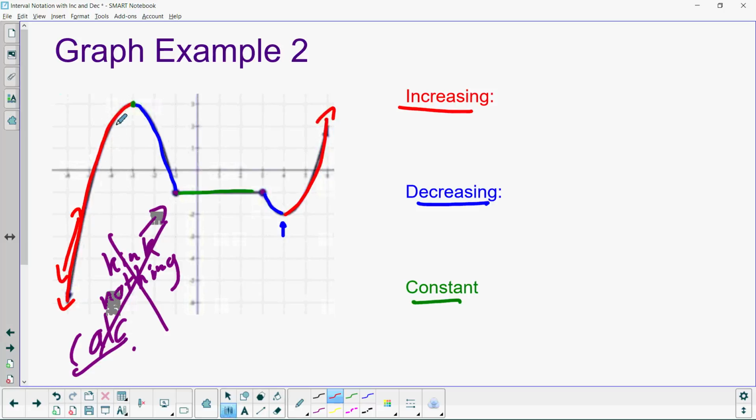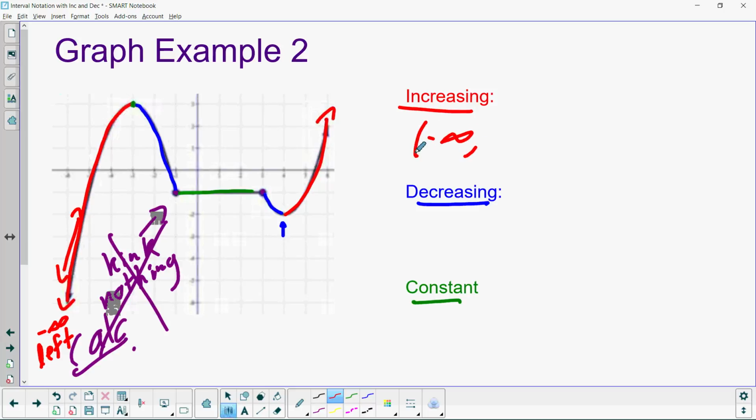So let's just start over here. There's an arrow, so this is going to start at negative infinity because we're on the left. And this is increasing. So I'm going to come over here to increasing. Start at negative infinity. Infinities always get parentheses because it's forever far away. You can't get there. Now it goes up, up, up, up, up.